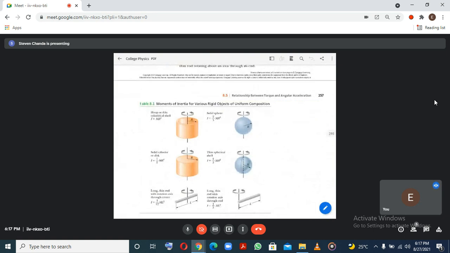Which moment of inertia are you going to use? You are going to use the one for a solid disc or a solid cylinder. So you are going to use that one, right?